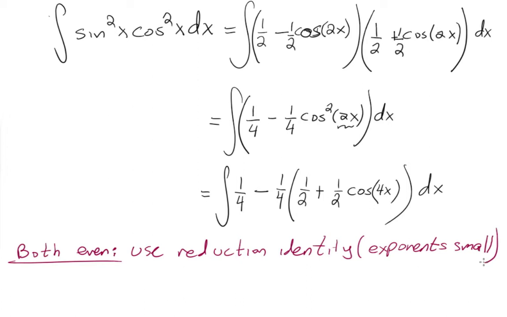You could still break it up, but you'll have a binomial raised to a power, and so that will expand, and it can get quite big if the exponent is big. So you kind of want to avoid that if the exponents are big.